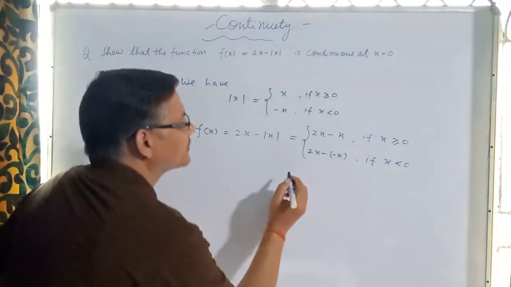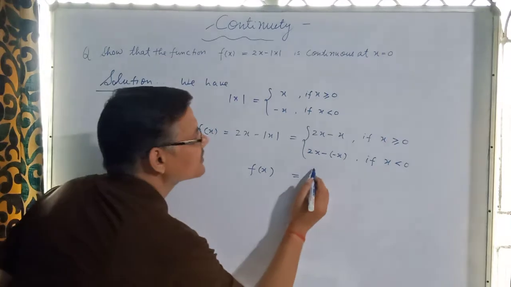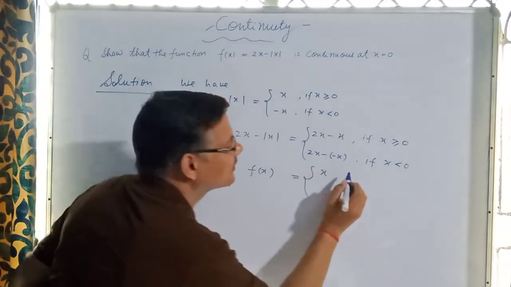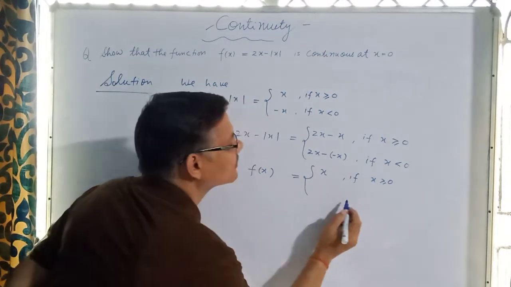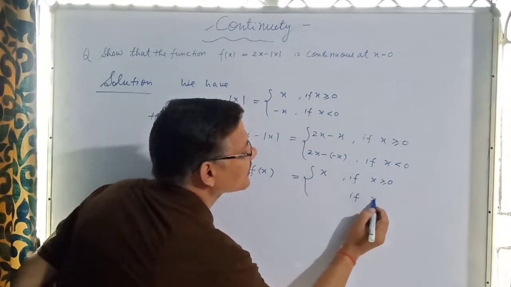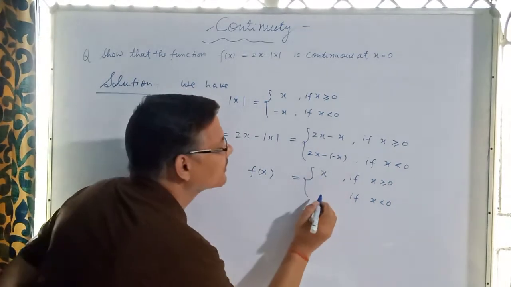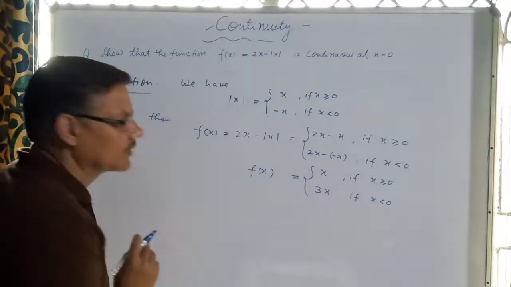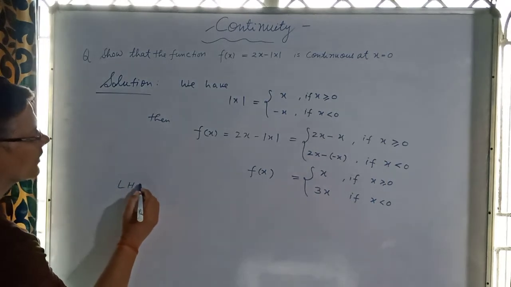So on simplification, in this case our function f(x) is equal to 2x minus x, that is x, if x is greater than or equal to 0, and if x is less than 0, then minus minus plus, it becomes 3x. Now let's start writing the left hand limit.